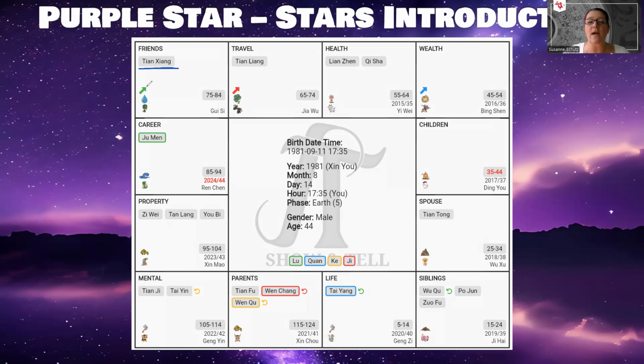So just take a look where you have the Tian Xiang star. And depending on the palace it appears in, it can take on different key meanings, right? Again, depending on what other energies are affecting this palace, it changes slightly from person to person, but overall, in general terms, I will give you the meanings.